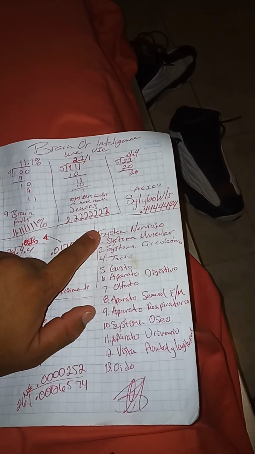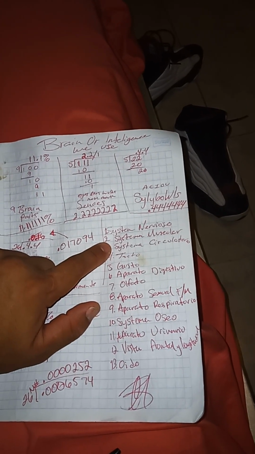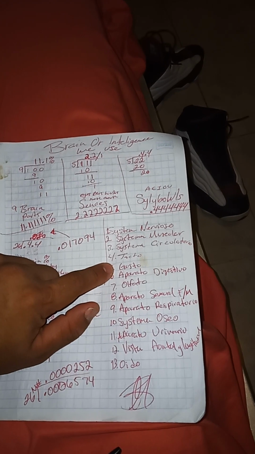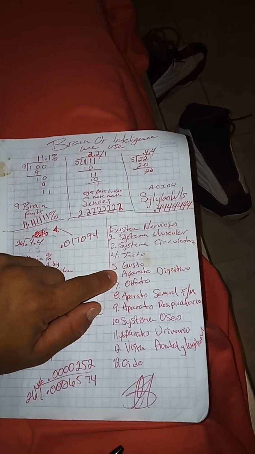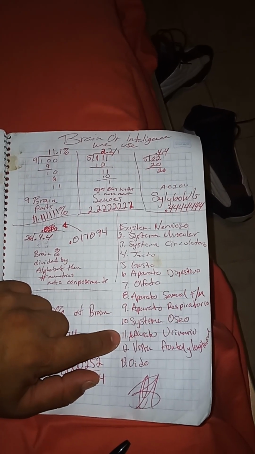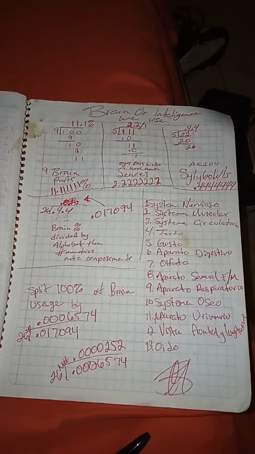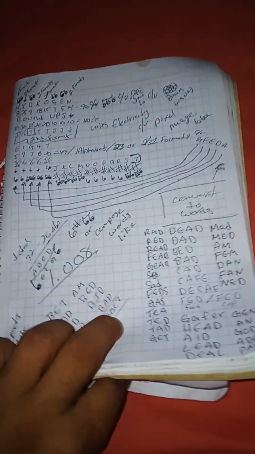It's the system nervioso, the muscular, the circular, the tactile, the gustos, the digestives, the olfatos, the sexual male and female parts, the aparato respiratorio, sistema óseo, the aparato urinario, vista, and oído. That's just hydrogen in our brain.